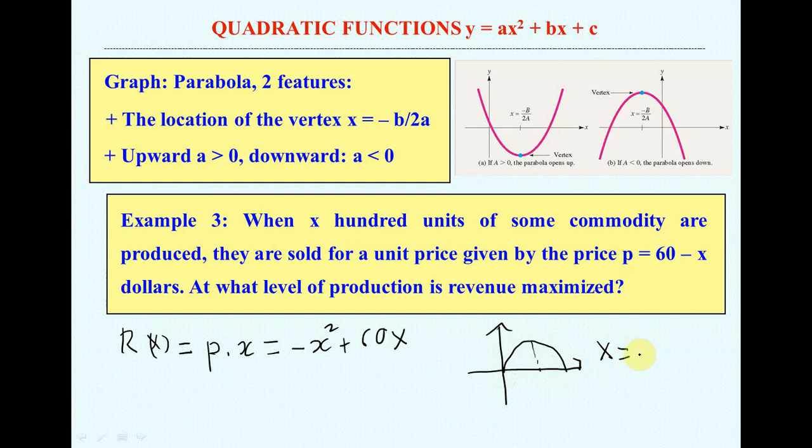And as here this is minus b over 2a, you get 30. But the real answer is not 30 because it's s, this is hundreds of units. So the answer will be 30 multiplied by 100, so you have 3,000 units.